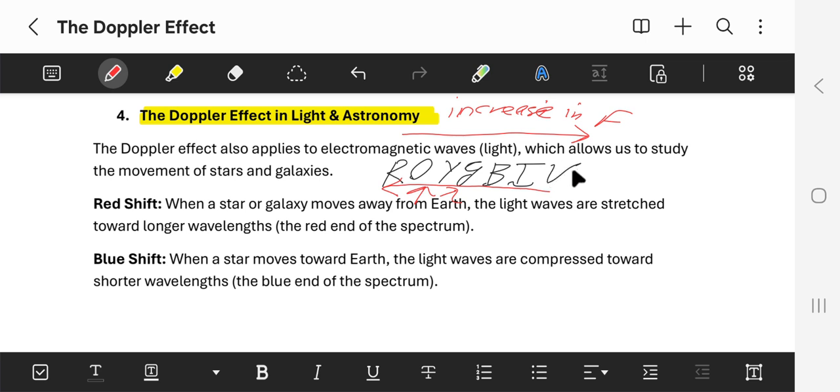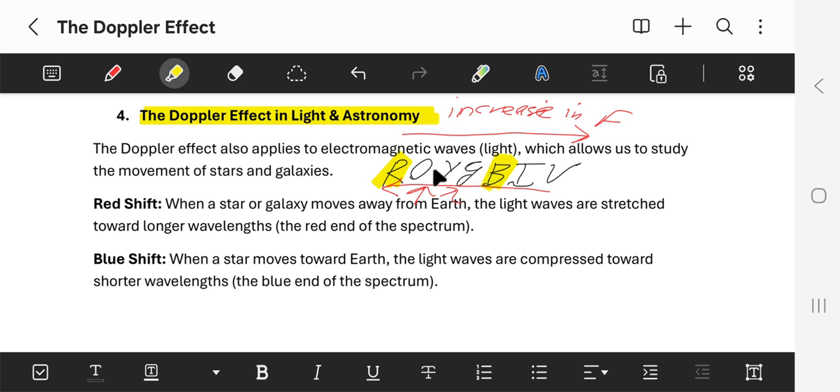Violet will have the highest frequency, and if it has the highest frequency, that means it will have the lowest wavelength. But I want us to mainly focus on color red and color blue, because this is what we need to basically understand red shift and blue shift. So here, guys, if I'm moving from red to blue, I'm increasing in frequency, right?